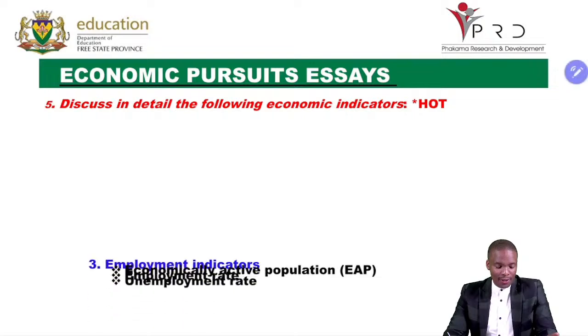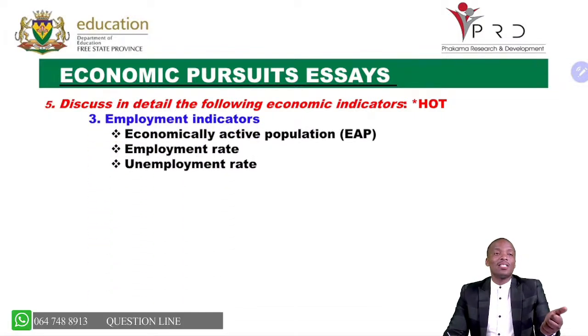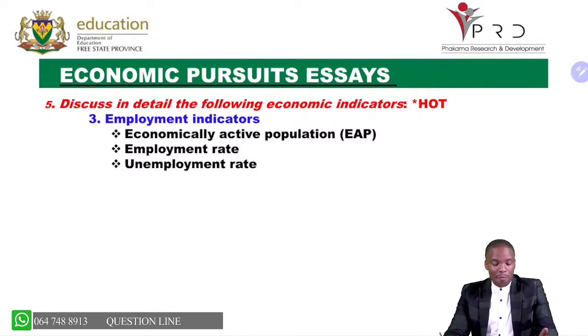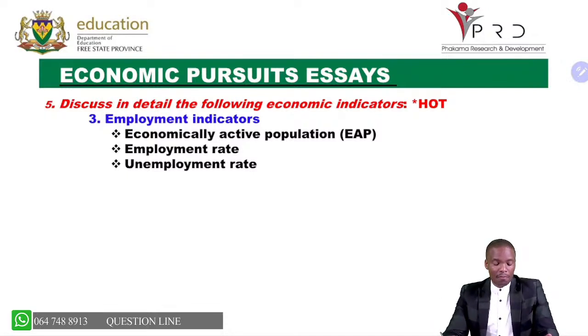Number 3, employment indicators, where we are looking at the economically active population, people between the ages of 15, or in brackets 16, to 64, in brackets 65, who are willing and able to work. Employment rate, the number of people that are employed. Unemployment rate, the number of people that are unemployed as a share of the total labor force.